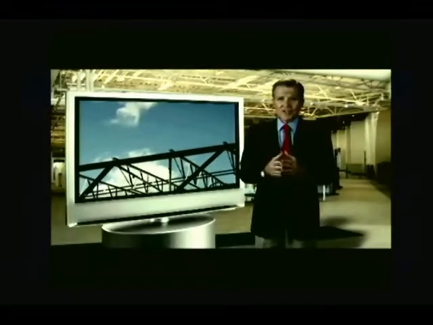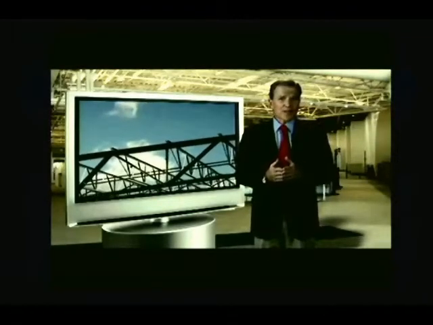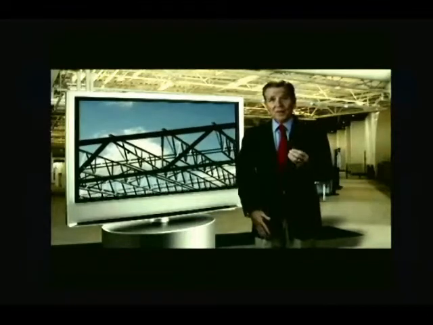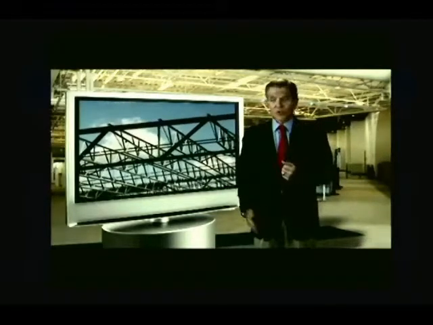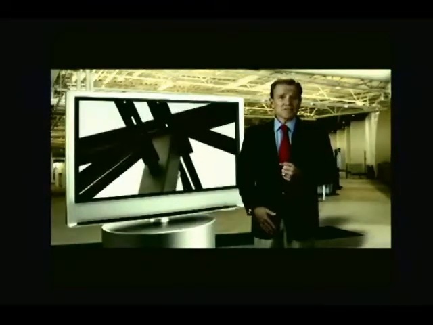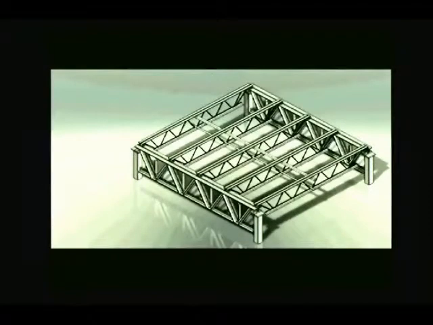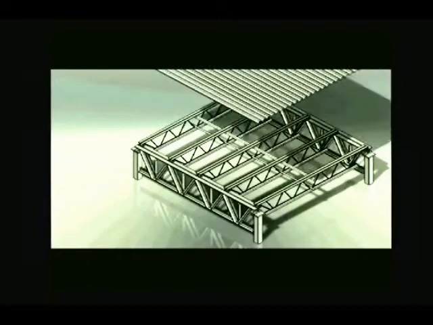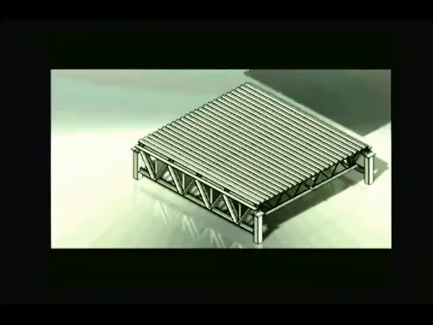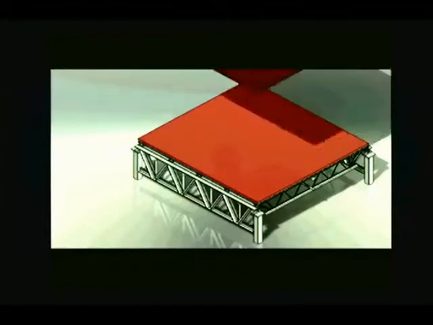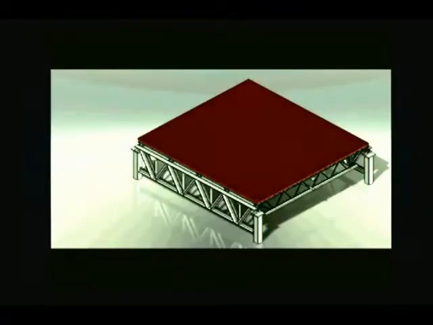All joists are considered secondary structural products in that they bear on primary structural members such as joist girders, steel columns, and concrete or masonry walls. In typical steel frame construction, joist girders bear on columns. Steel joists are supported by the joist girders. Then the steel deck covers the steel joists and roofing or flooring material is placed for the finished surface.